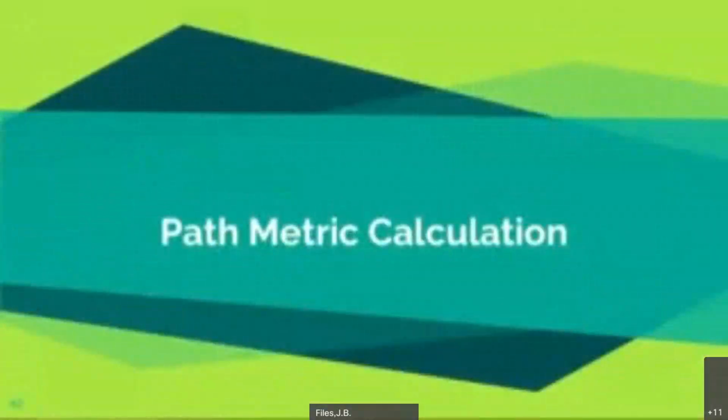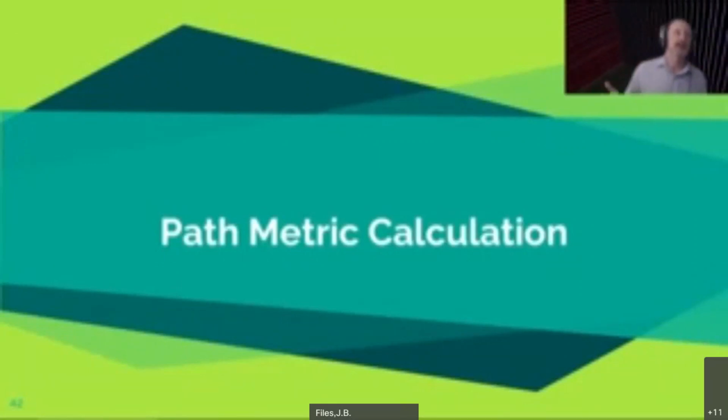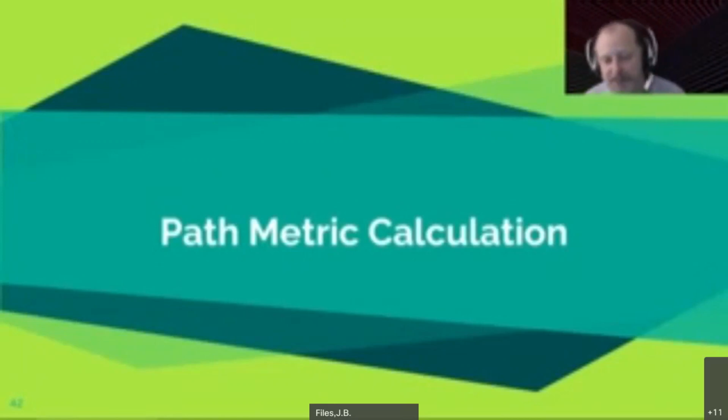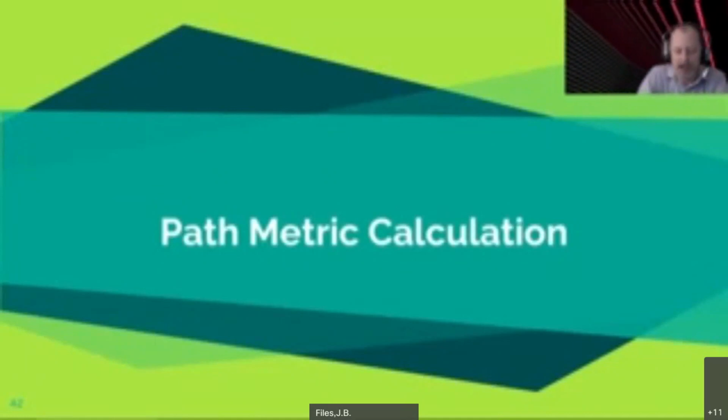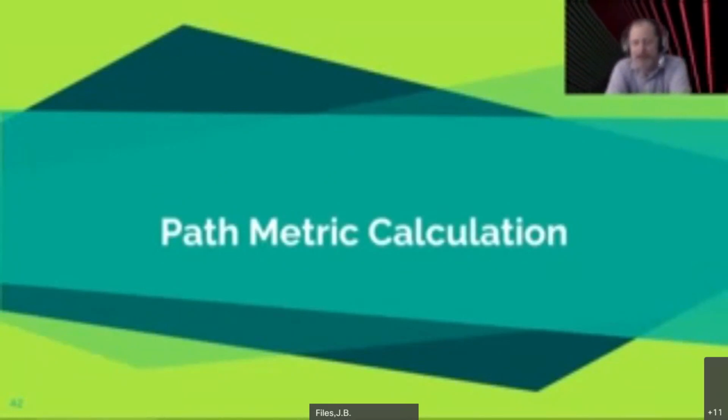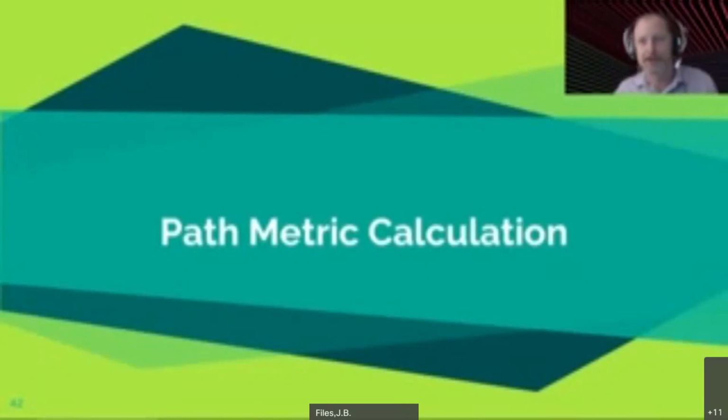How does the path metric work? Okay. One of the reasons, and I said this before, the administrative distance of EIGRP is lower, because remember, lower distance, better. One of the reasons the administrative distance of EIGRP is considered lower is because we prefer EIGRP. And that's not just because EIGRP is proprietary to Cisco and Cisco loves Cisco, right?